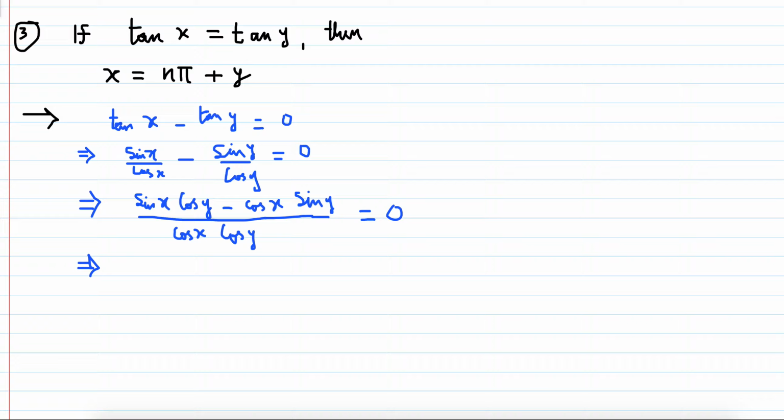In the left hand side we will have this numerator term: sin x cos y minus cos x sin y. This is the expansion of sin of x minus y, is equal to 0. So if sin of something is 0, we know that it is some multiple of pi. So here x minus y is some multiple of pi.